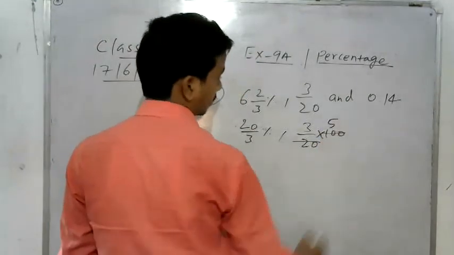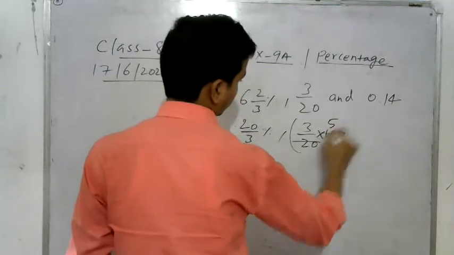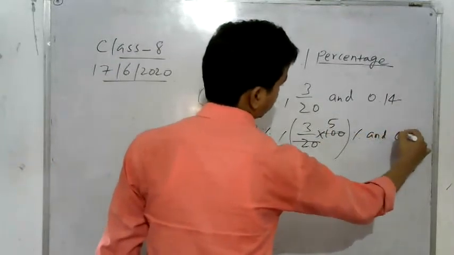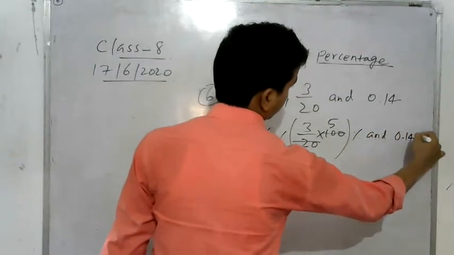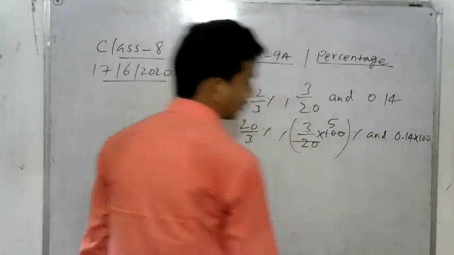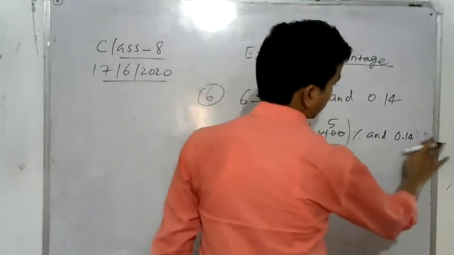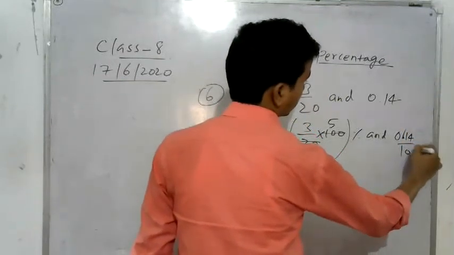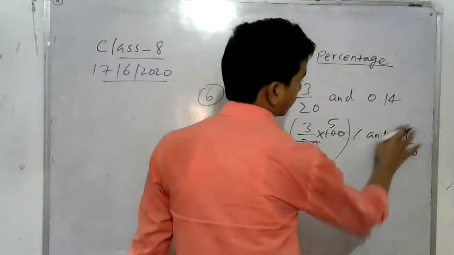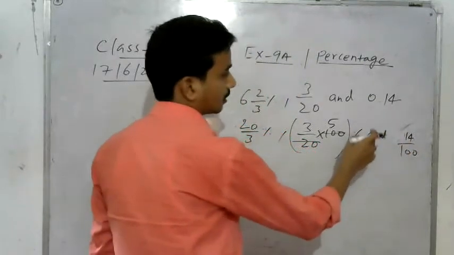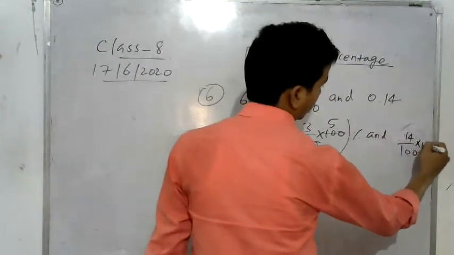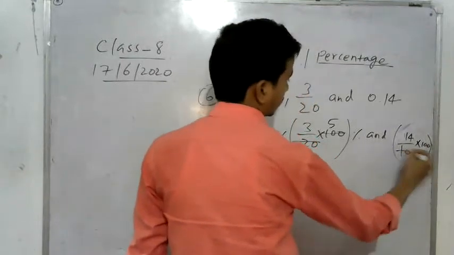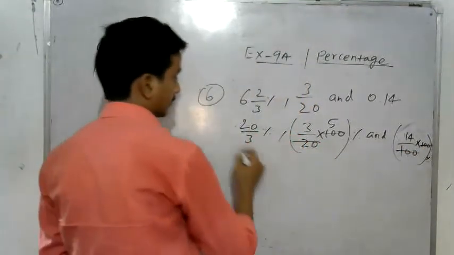Okay, so this much percentage, and this is 0.14 into 100. First of all I can write 0.14 as 14 by 100. Convert this decimal number into a fraction and then multiply by 100. This much percent. So this 100 and 100 will cancel.